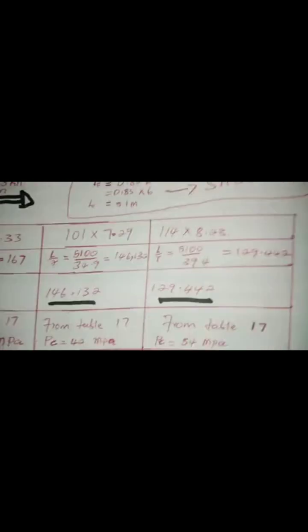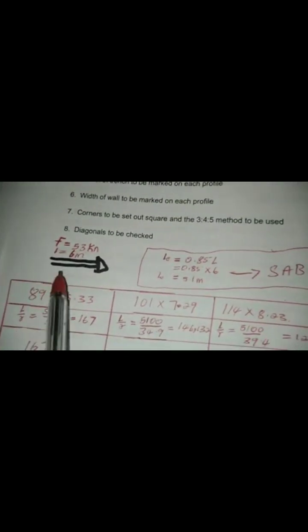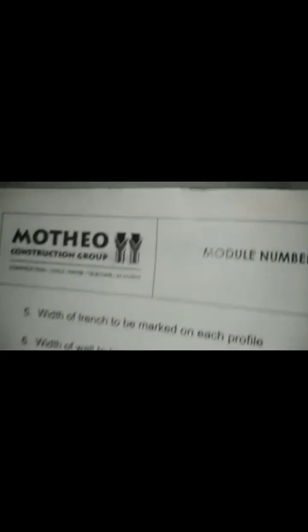So ladies and gentlemen, these are our 3 columns. We are going to use only the size and kg per meter as your headings. The first one is 89 by 5.33, the second one is 101 by 7.29, and the third one is 114 by 8.23.